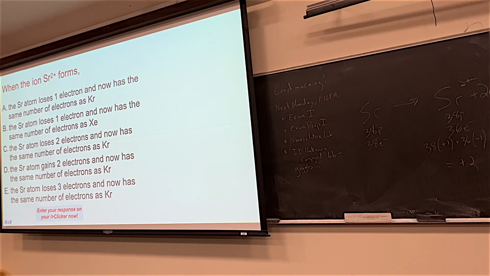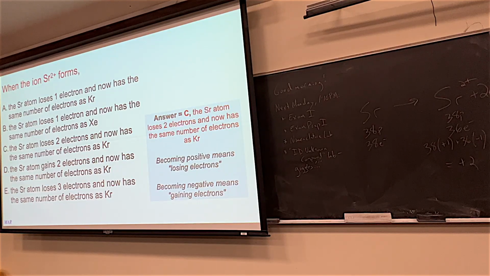So this thing is going to lose 2 electrons. It's not going to lose 1 or 3 or something like that. And as you can probably see, strontium, if you go backwards, minus 1 electron would be rubidium, but minus 2 electrons then would be krypton. So this crazy thing, answer C, works really well. It loses 2 electrons, it doesn't gain.